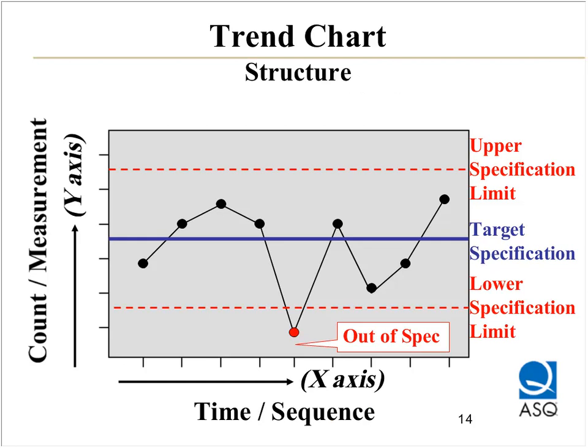The blue center line represents the target specification devised by the engineers, as well as the dashed red lines that represent the upper and lower specification limits. Anything that's outside of either of those represents a violation of the requirements, and so being out of spec, as you can see, that red dot below the lower specification limit means that you may have to reject that particular item that the data was generated from.